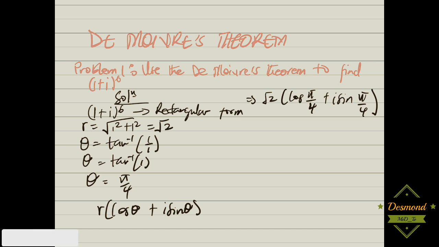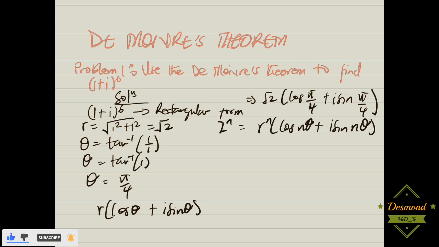Now we just go ahead and apply the De Moivre theorem to solve the question. The De Moivre theorem states that for any complex number z, z^n is equal to r^n (cos n theta + i sin n theta), where n is any integer.